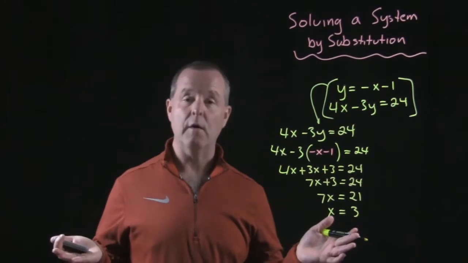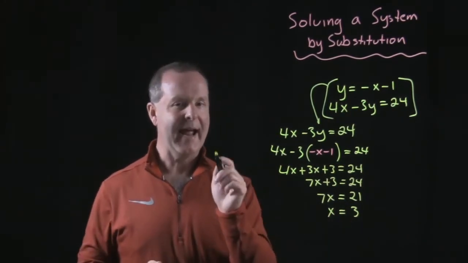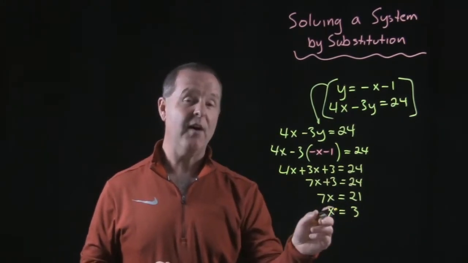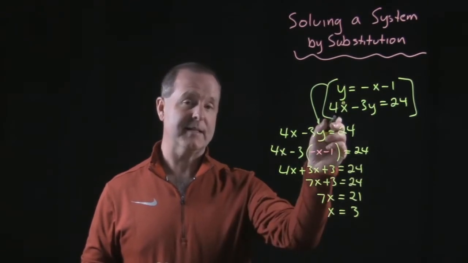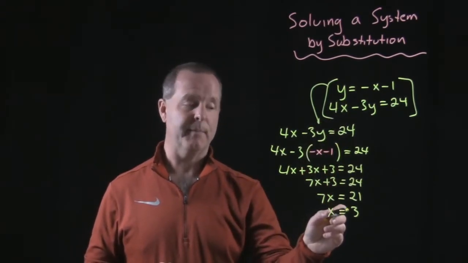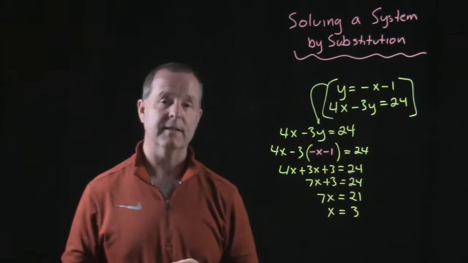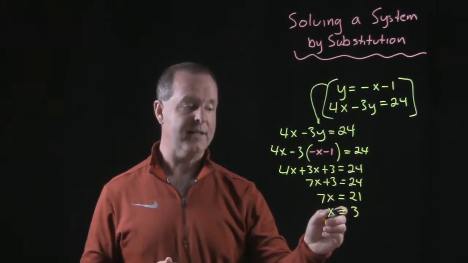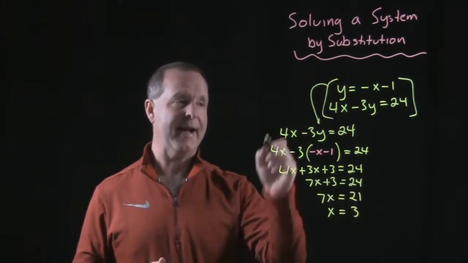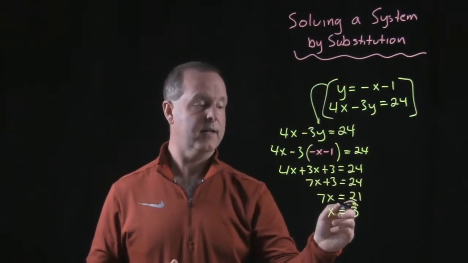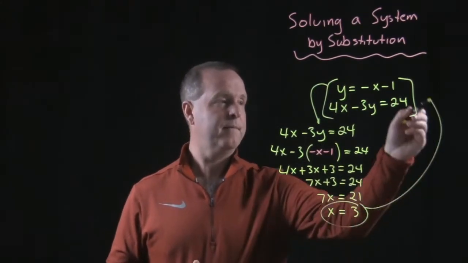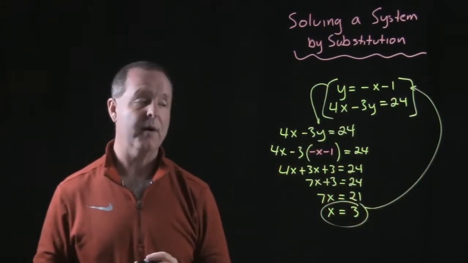Have I solved the system? No, I haven't solved the system, but I found out that if the system has a solution, their x's match up at 3. So how do I find the y? Well, I take this value and I put it back into the other equation.